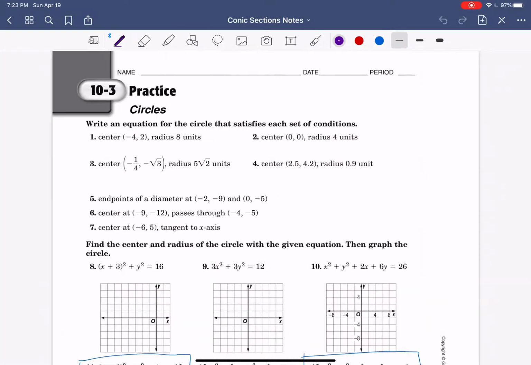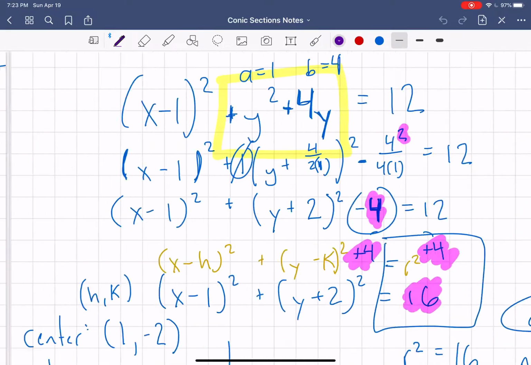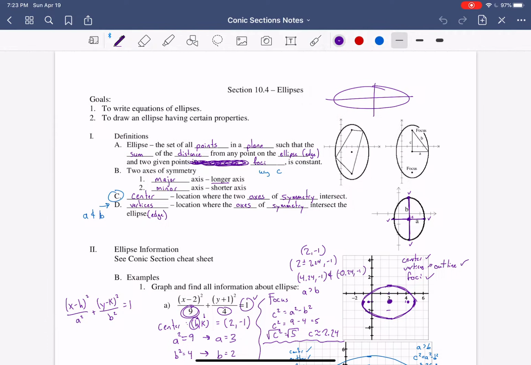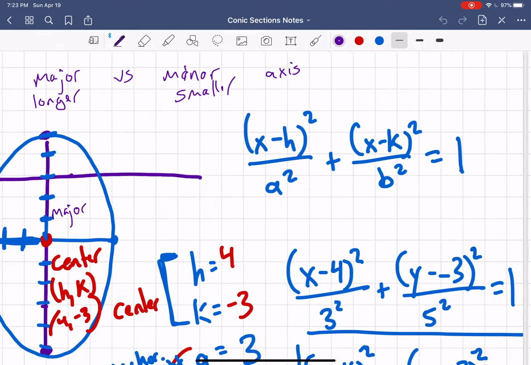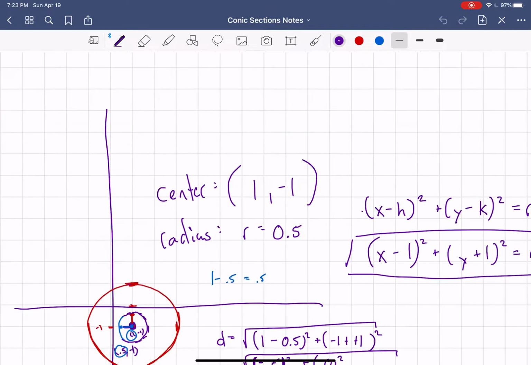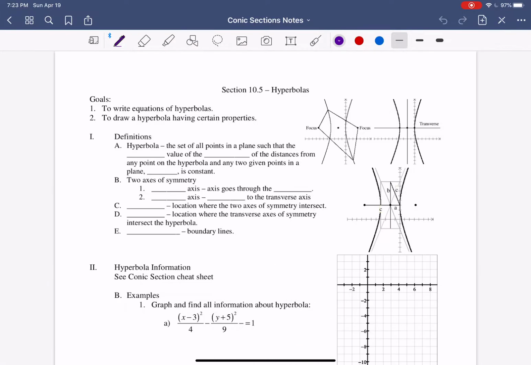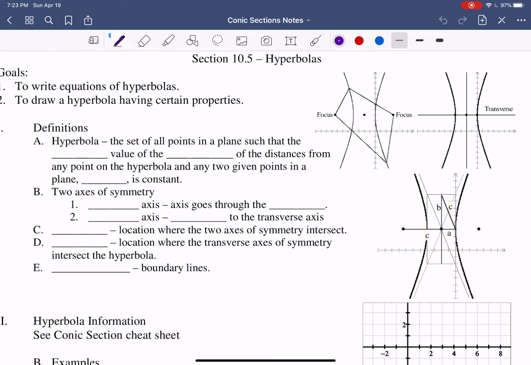So if we go into our notes, into our definition of a hyperbola, and I haven't really been stressing the geometric definitions, but we need to understand the difference between them.